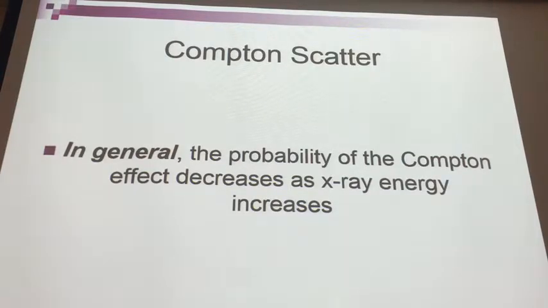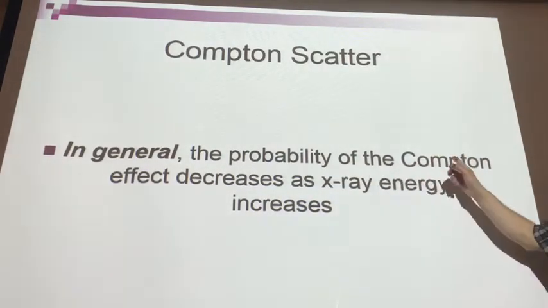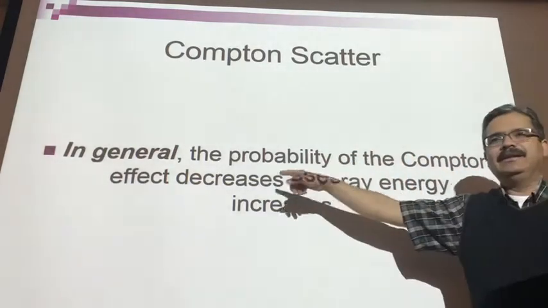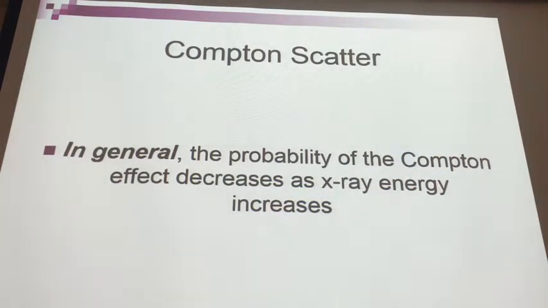When you increase the energy, the probability of Compton decreases. Let's think of it as an X-ray tech. You're in front of a panel. When you're going from 80 to 100, there is less Compton interaction. Are we good?